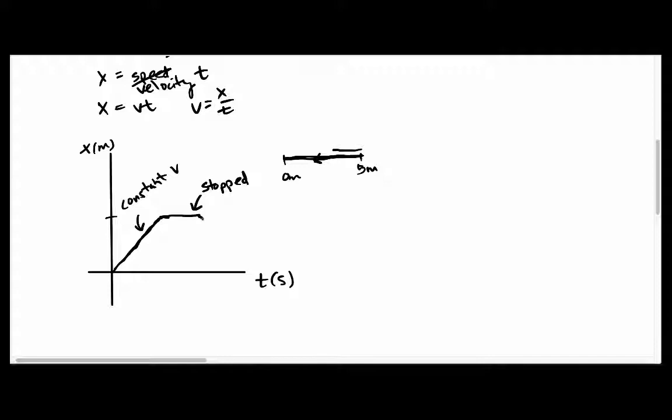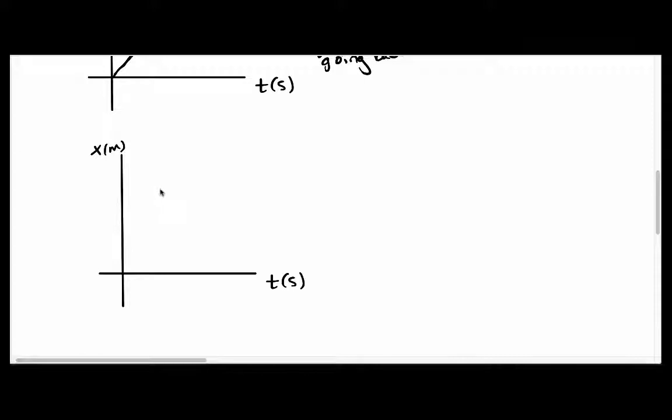Time continues on, but we're at 4, and then 3, and then 2. Okay, so a negative slope is going to indicate that you have a negative velocity. And a negative velocity means that you are going back where you came. Your position is going back. It doesn't mean that you're in reverse. You could have turned your car around, but you're moving your position back to where you came from in some way.